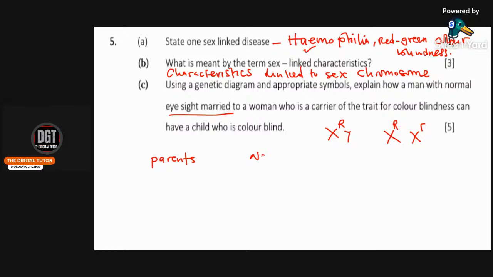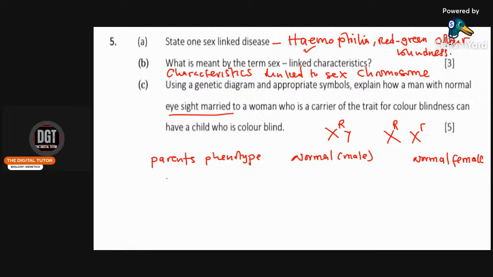We write parent phenotype. What is the phenotype for the parents? A man is normal, so we write normal male. Then we write normal female, because a female carrier is also normal. We can put carrier in brackets.